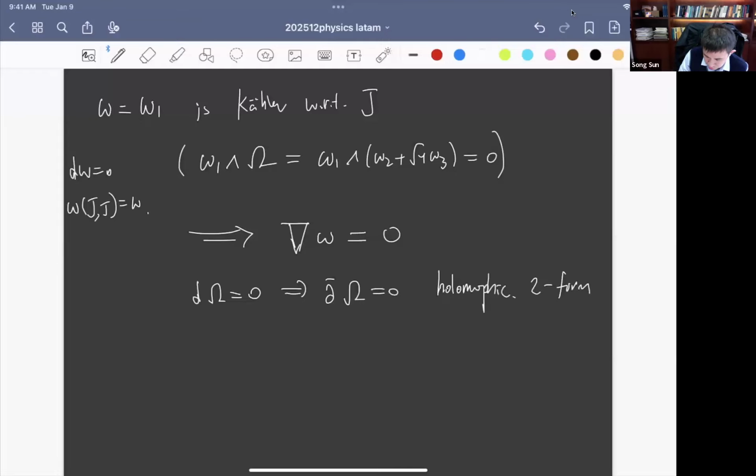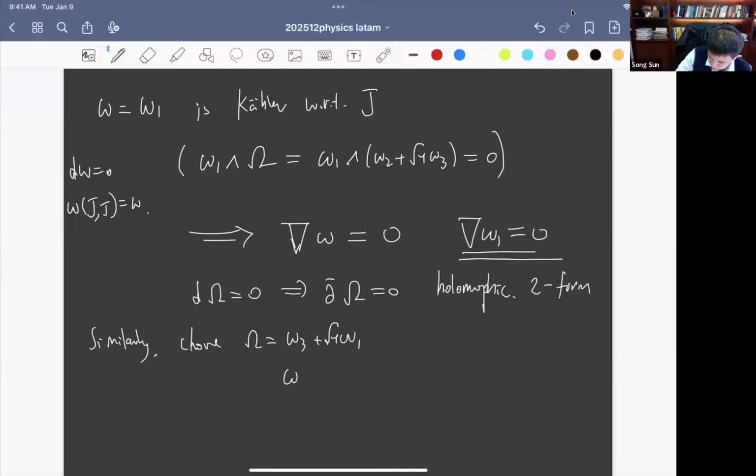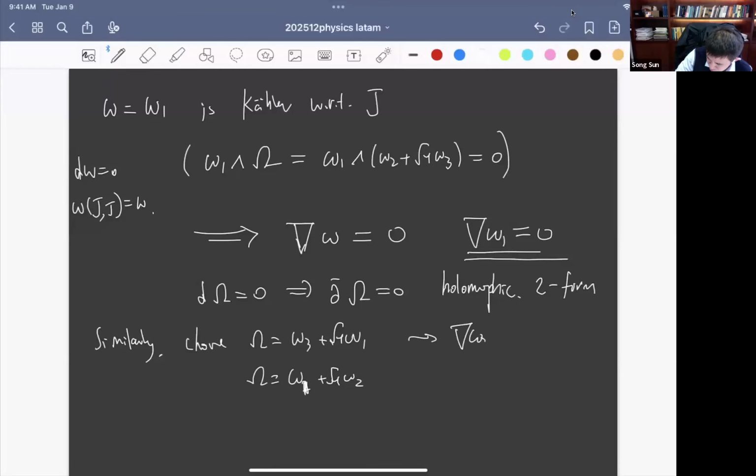So by choosing capital omega to be omega 2 plus i omega 3, you get that nabla omega 1 is 0. But similarly, if you choose omega to be omega 3 plus i omega 1, or omega 1 plus i omega 2, you will get that nabla omega 2 is 0.